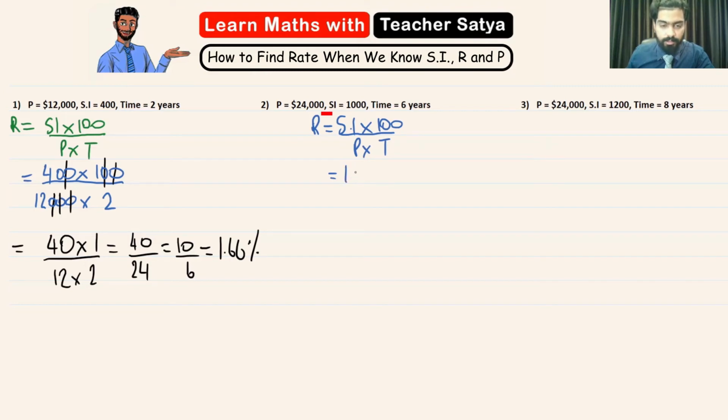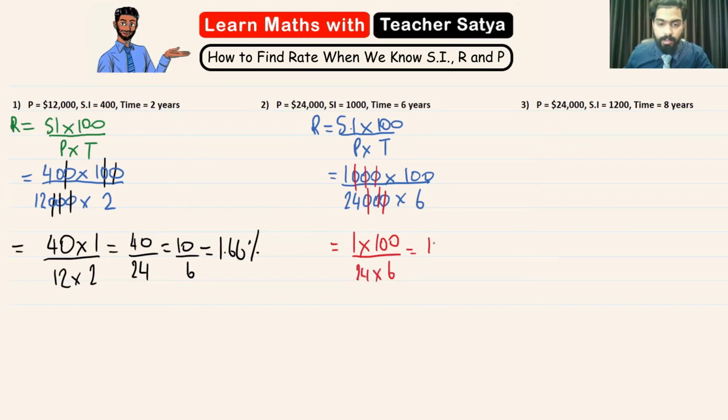SI is 1000 multiplied by 100 over the value of P is 24,000 multiplied by the time is 6 years. Step number 1, we can simplify these three zeros straight away, right guys? So in the numerator we have 1 times 100 over 24 times 6, right guys?